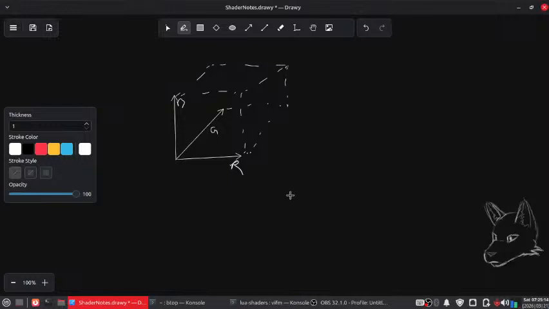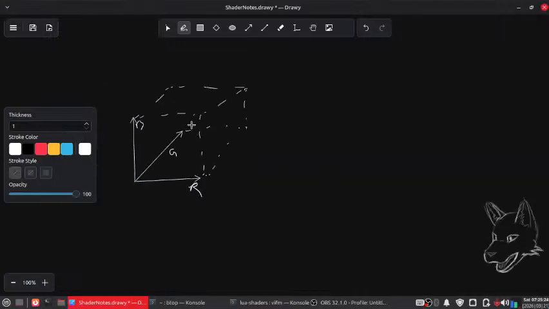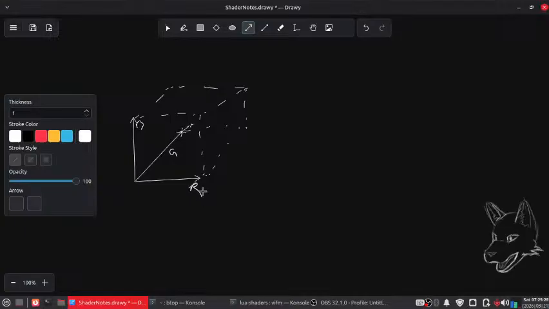Now, we want to convert from old to new. So the new one is effectively from here. We have a vector, we have that one, we have that one, and then we have the cross product, kind of, sort of.